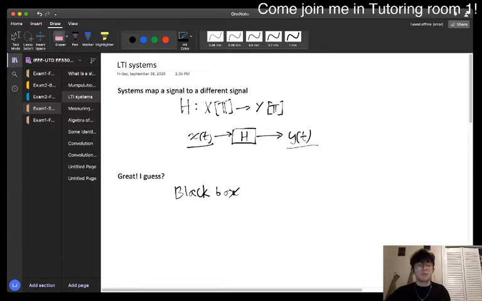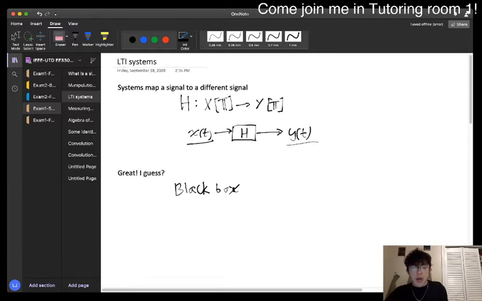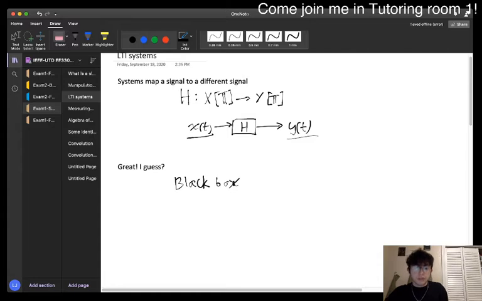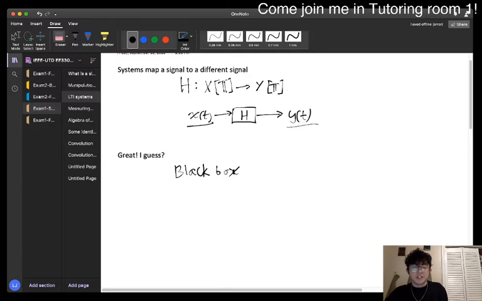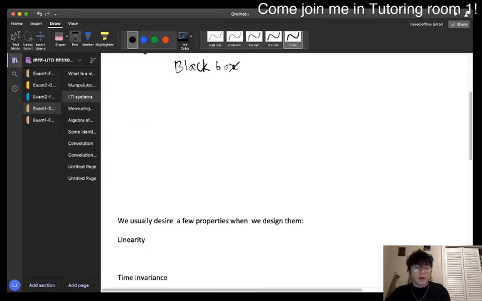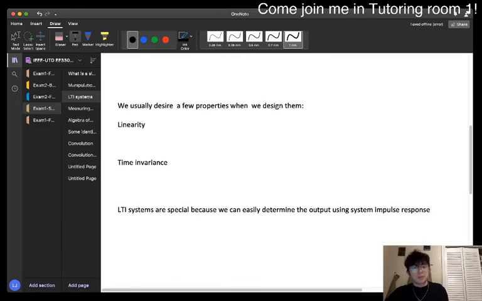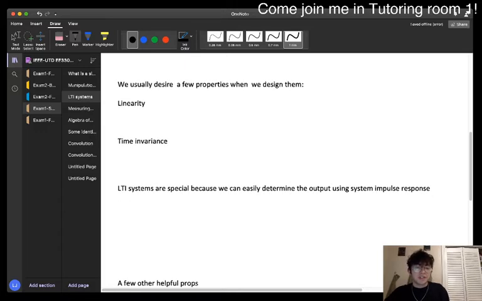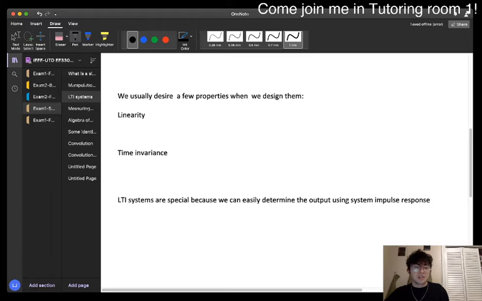We want to be able to figure out the output from the input, and in any combination of these systems of a certain class. Like right now, we can't do much. So we'll typically design our systems with a few of these properties in mind, because they make things a lot easier on us in applications.